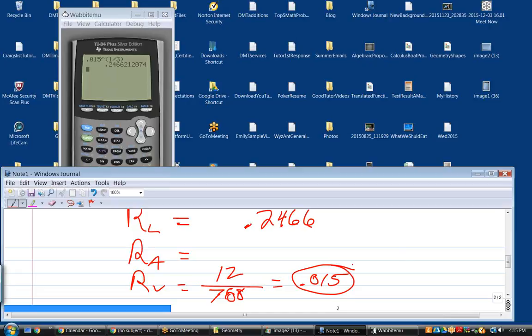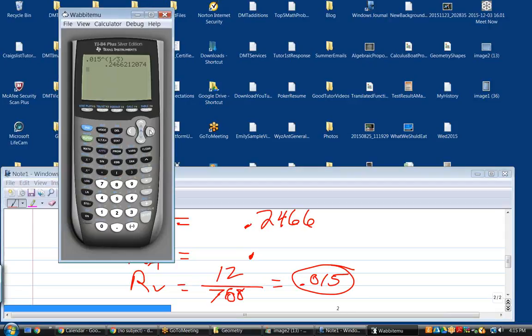Now take this number and square it, and that's going to give you your area ratio. You want me to do it here? Sure. 0.246. Actually, that's not the right way to do it, is it?